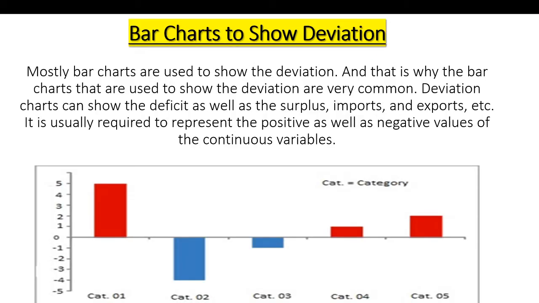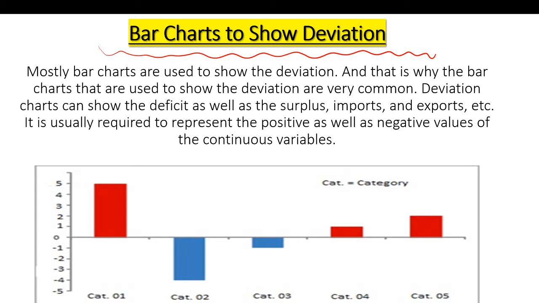So charts to show deviations, right? Bar charts to show deviations. What does it mean? Mostly bar charts are used to show deviations, and this is why the bar charts that are used to show deviation are very common actually.